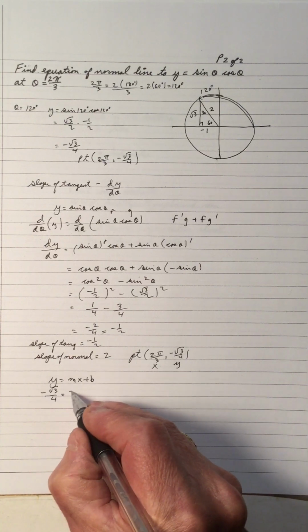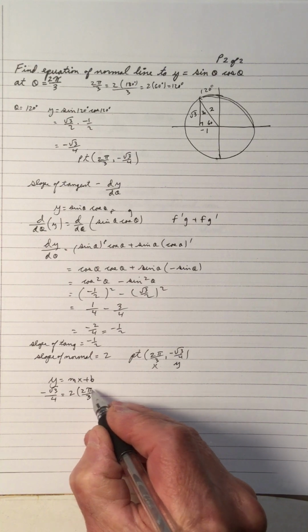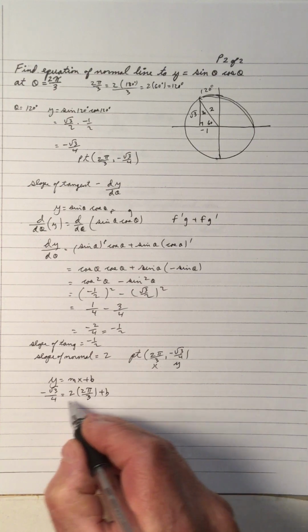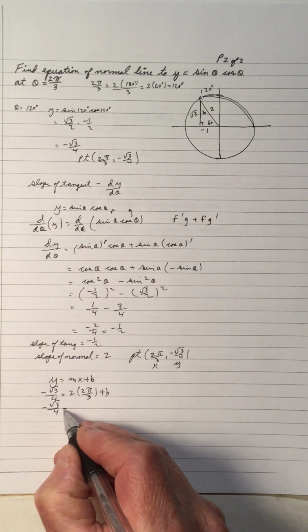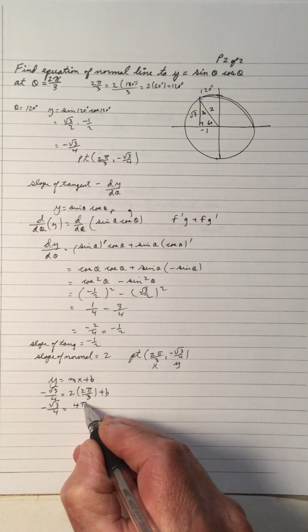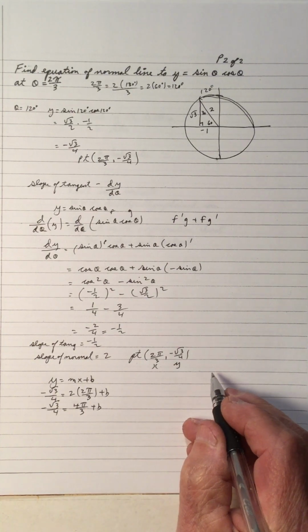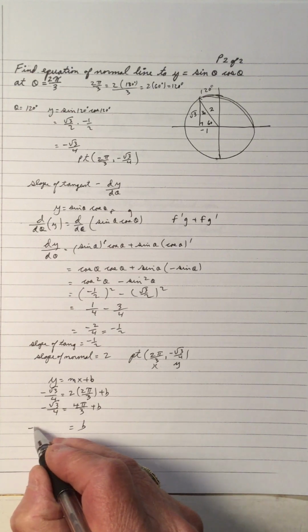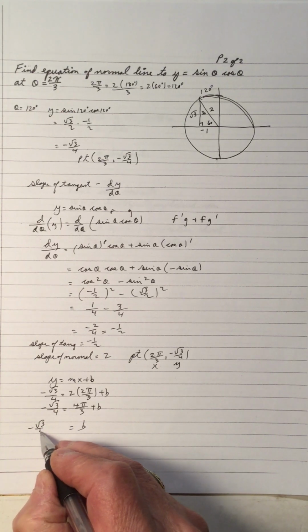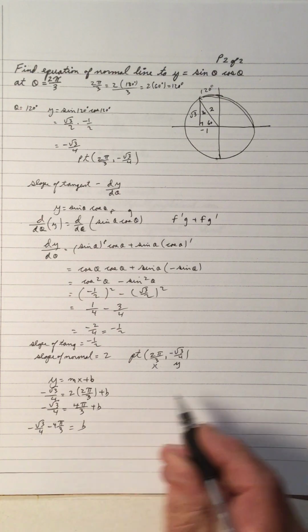The slope is 2. x is 2 pi over 3 plus b. So it's negative root 3 over 4 equals 4 pi over 3 plus b. So that means that b is negative root 3 over 4 minus 4 pi over 3.